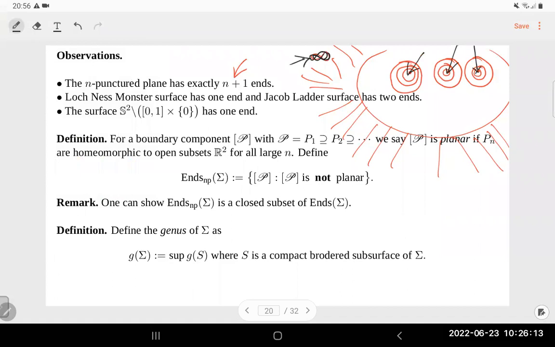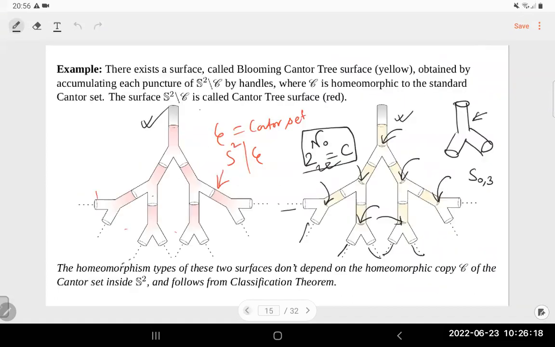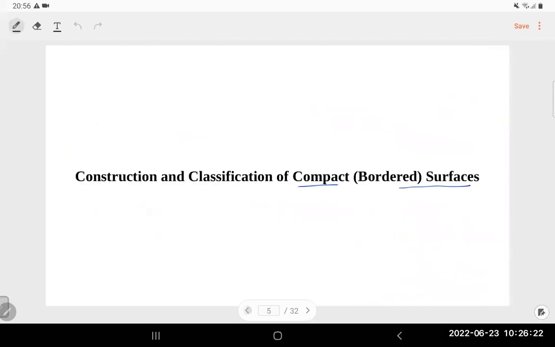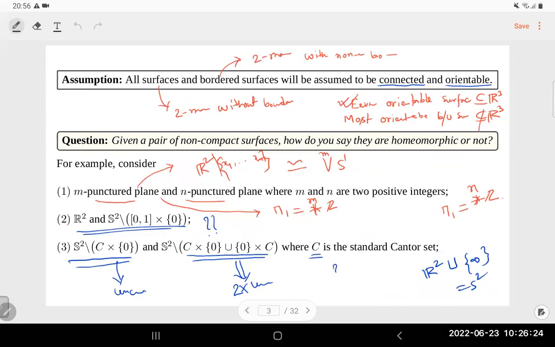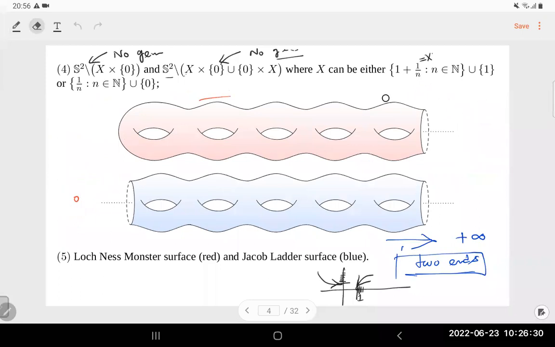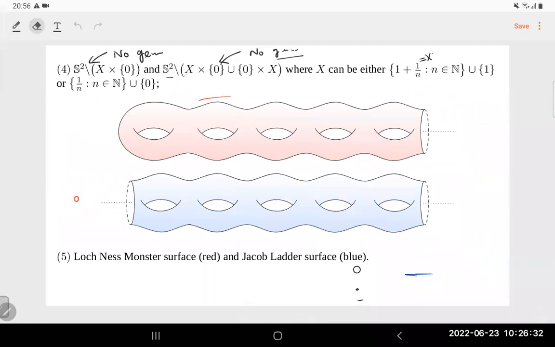Okay. Now look at the Loch Ness monster surface that I mentioned at the very beginning. Yeah, here is the Loch Ness monster surface. Sorry, the Loch Ness monster has exactly one end, starting from here.